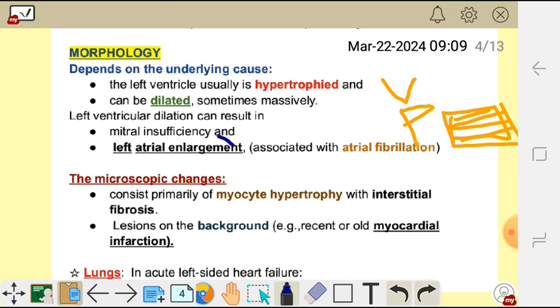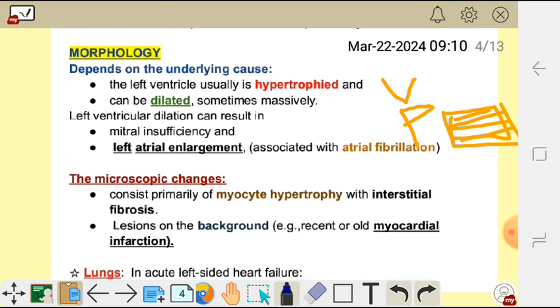Why enlargement? This is because when the mitral valve is failing, blood will start accumulating in the left atria, and that will lead to volume overload, and volume overload always results in enlargement.